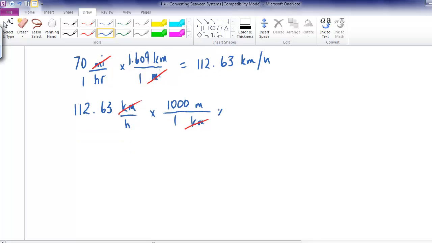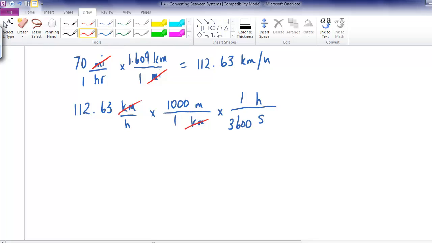So again, with our unit analysis approach, if we have hours on the bottom, as we do, I need to have a relationship where hours are on top and seconds are on the bottom. And as you know, there's 60 minutes in an hour and 60 seconds in a minute. Therefore, in 1 hour, we have 3,600 seconds.